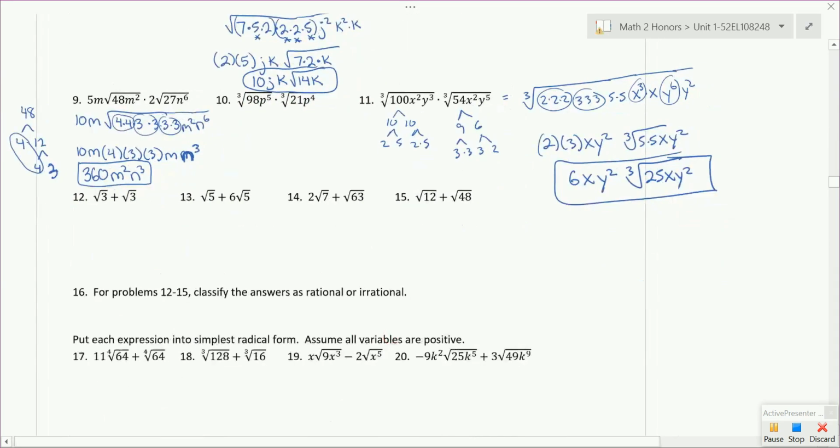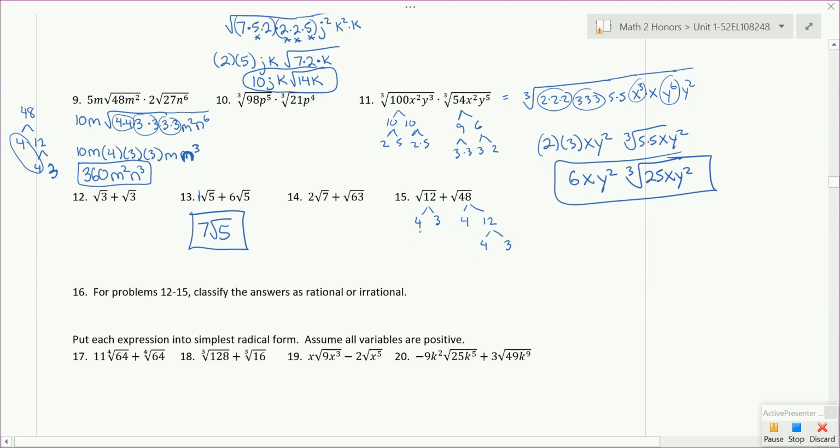Number 13, we have 1 root 5 plus 6 root 5, which is 7 root 5. Remember, you can only add or subtract radicals if the root is the same. So in 15, we can't add root 12 and root 48, but we can simplify these. 12 is 4 times 3. 48 is 4 times 12, which is another 4 times 3.